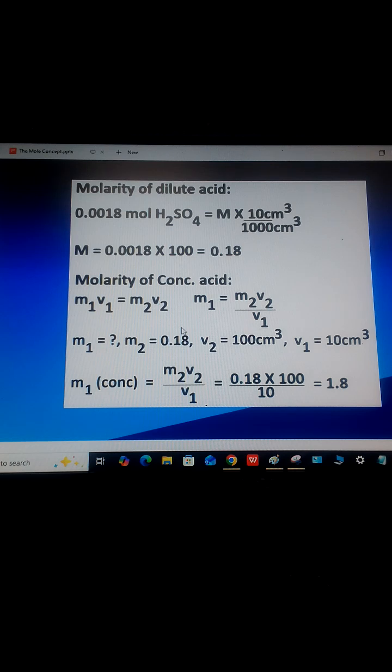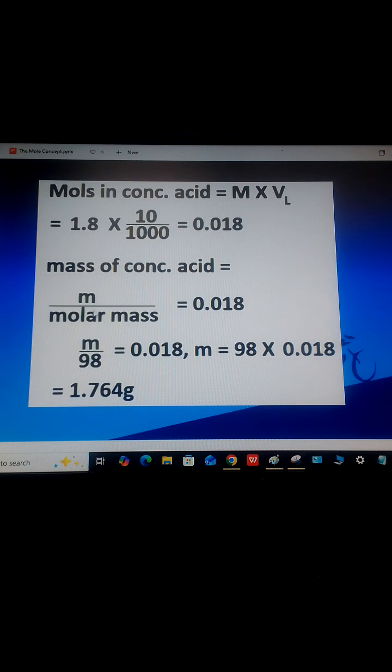In this case, the molar mass is 98, and the required mass is M. So mass over the molar mass is equal to the number of moles. If we make M the subject of the equation, we find that M is equal to 98 times 0.018. You get 1.764 grams of concentrated sulfuric acid.